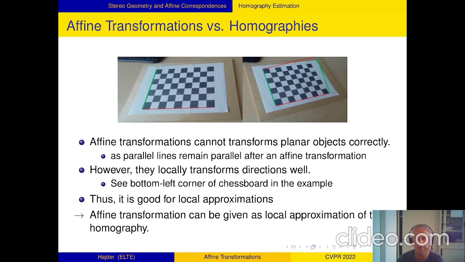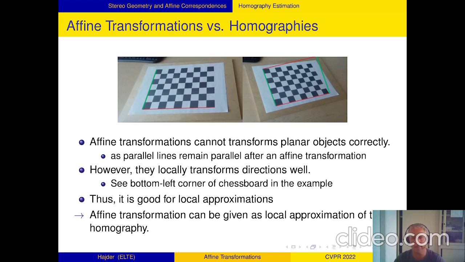However, only two of them are highlighted in the left. One is by red, and the second, the vertical one, by green. And you see that the border lines are transformed by an affine transformation, and it is the affine transformation corresponding to the bottom left corner of the chessboard pattern.